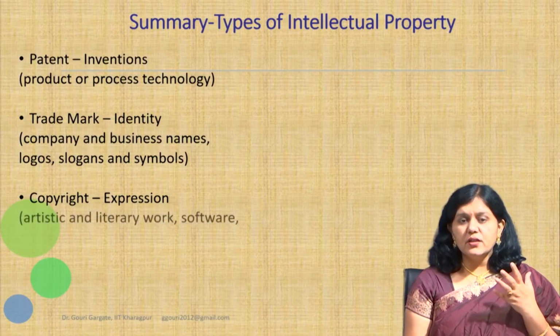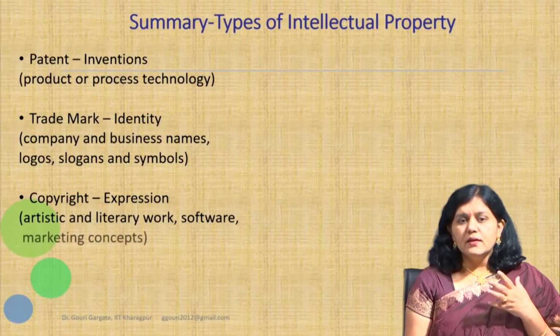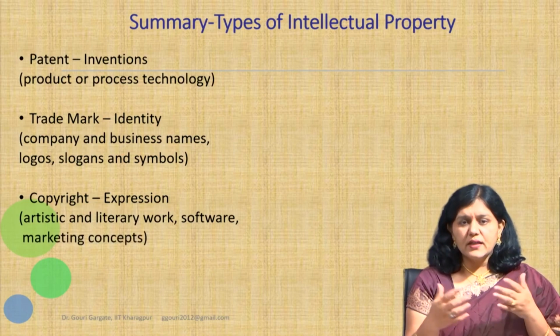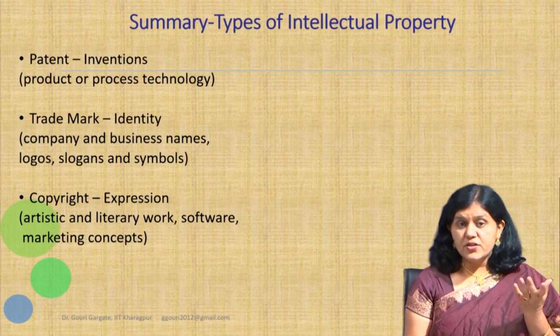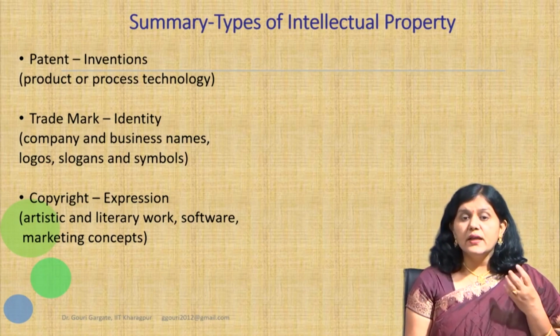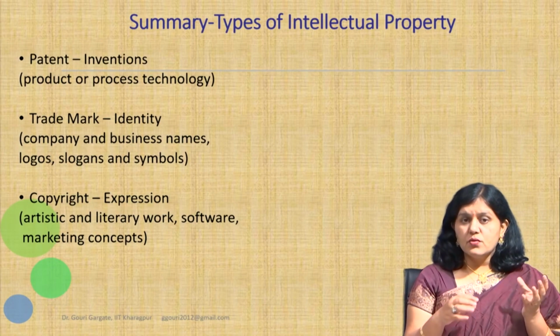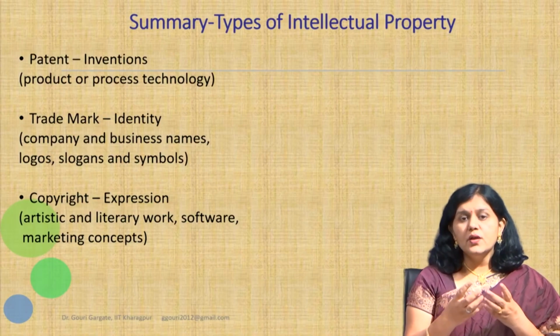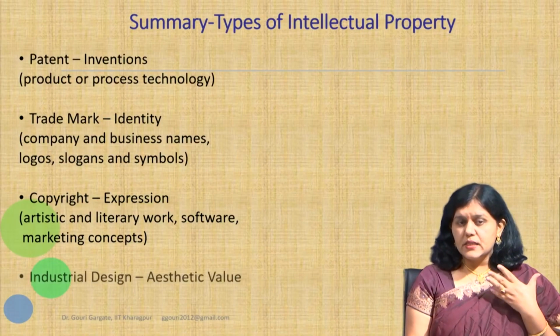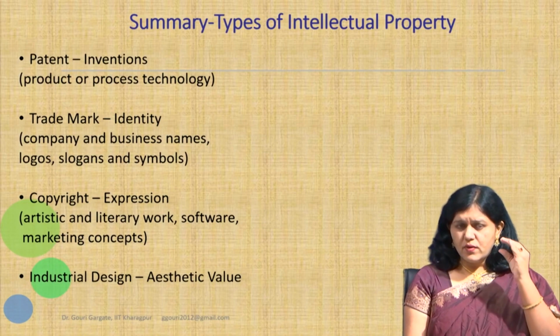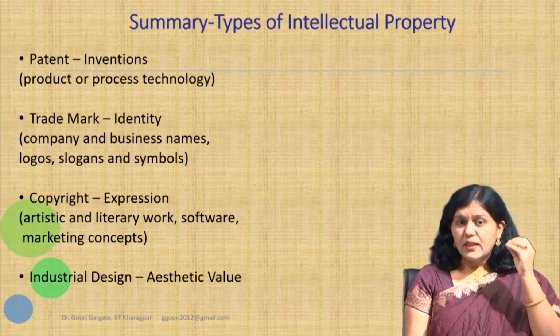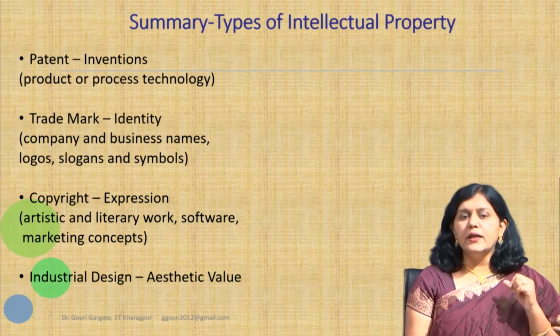It is more related to artistic and literary work, software. Then there are architectural designs, marketing concepts. All these things form a copyright. So copyright is an expression. A patent is related to a product or process. A trademark is related to one word, some name or logo that is giving an identity.